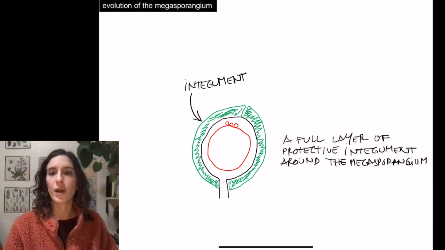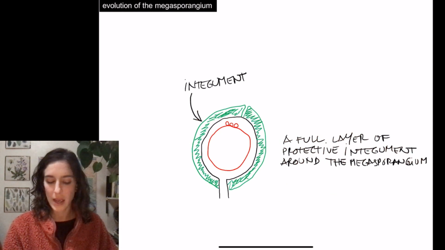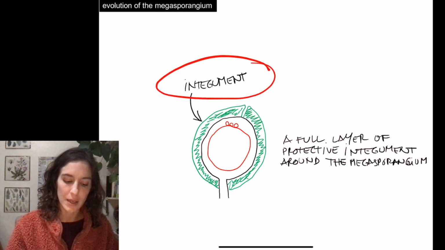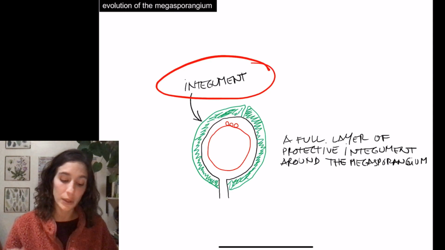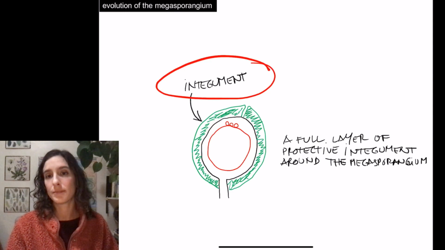So again, over evolutionary time, many generations, there's this other layer of tissue that forms around the outside of that megasporangium. And this is called integument. The integument is what's labeled in green here on the very outside, and it's a full layer of protective tissue around that megasporangium.